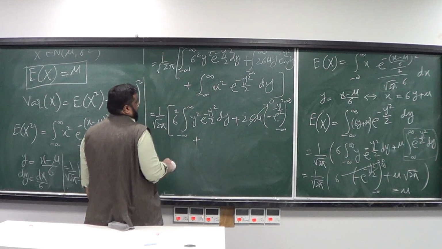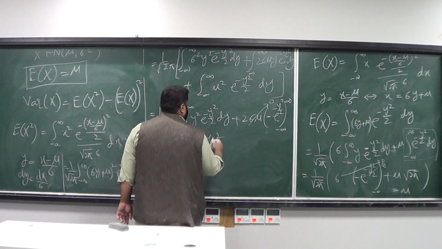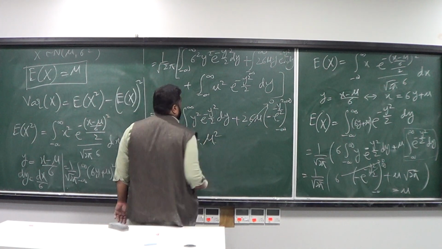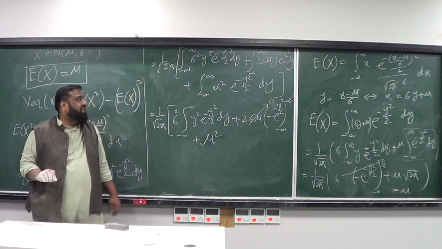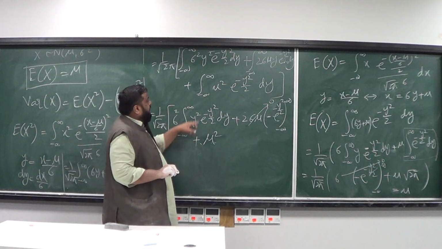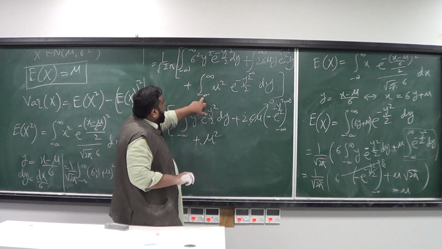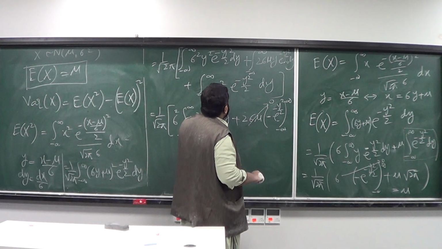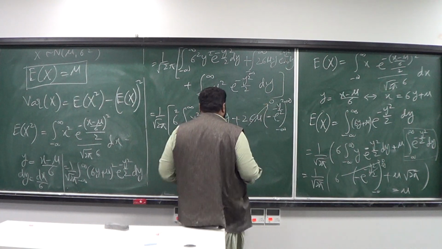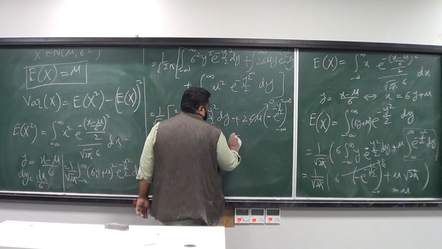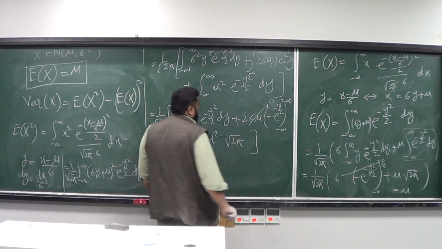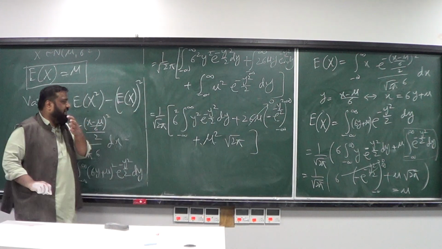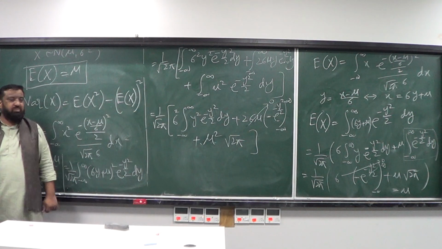Plus, you have this mu square, and if you pull it out of the integral, what remains is the integral from minus infinity to infinity of e to the minus y square by 2 dy, but we know that this integral is equal to the square root of 2 pi. So things are very much simplified.